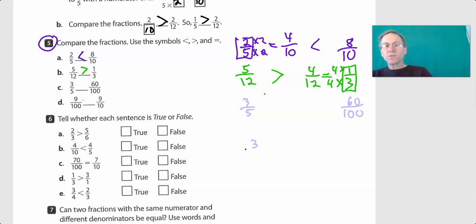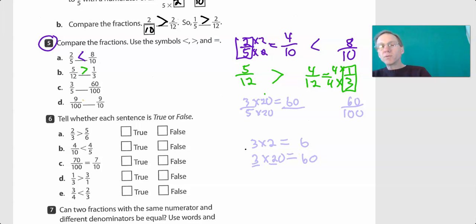Now I want 60. So I need another shift, so I'll do 3 times 20. That will give me 3 times 2 is 6, and I get to shift over a 0. So I'm going to try times 20. That will give me 60. Times 20 down here.